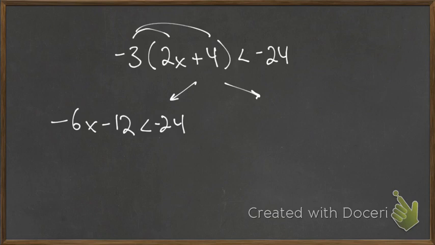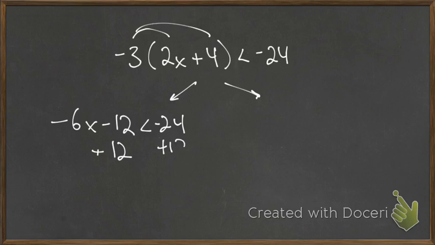Amelia, what would be next? So remember, we're undoing, so it's the reverse order of operations. So my options here are multiply or subtract. Yeah, so we're going to undo minus 12 by plus 12.